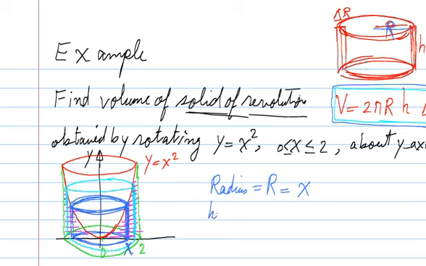What is the height? The height of this cylinder is given by the function formula here, y is equal to x squared. This height is x squared.